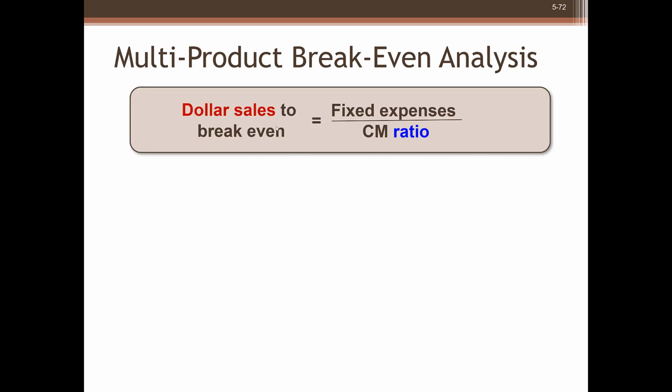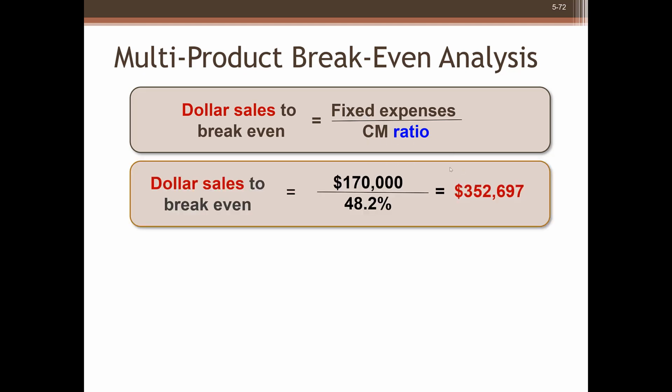If we want to get dollar sales to break even, this is the formula method. We use fixed expenses divided by contribution margin ratio. For the total here, fixed expenses are $170,000. The contribution margin ratio for the company is 48.2%.